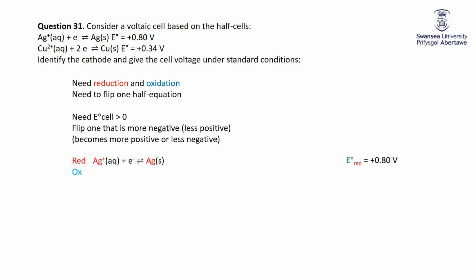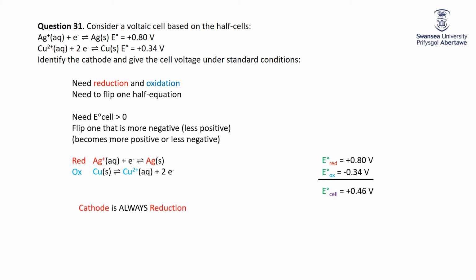So the reduction will be silver, and that's 0.8. The oxidation will be the copper 2+ getting flipped to give us the copper. So starting with the copper going to the copper 2+, it was plus 0.34, so now it's going to become minus 0.34. So therefore, putting all those together, the cell voltage under standard conditions is plus 0.46 volts. Identify the cathode.